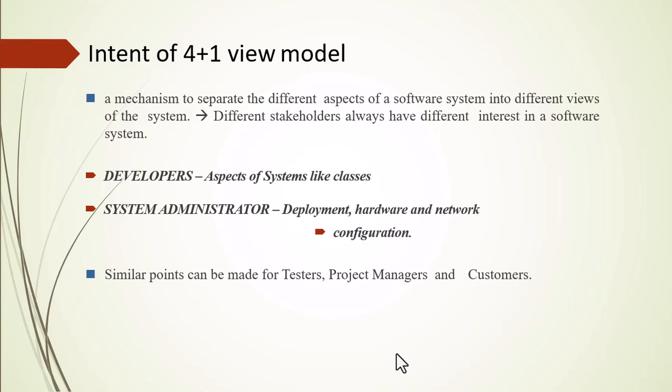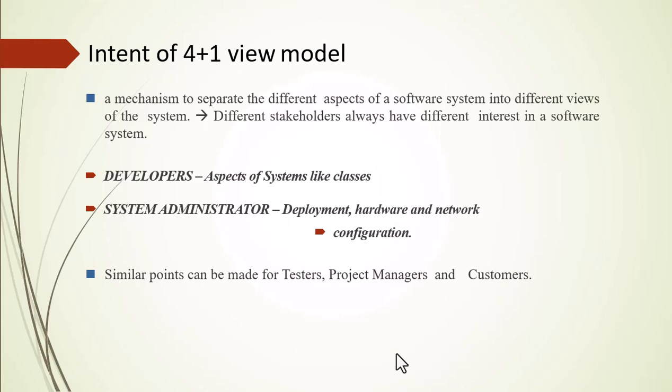Now, the intent of the 4+1 view. Why we use the 4+1 view model, and what is the 4+1 view model? It will be discussed here. It is a mechanism to separate different aspects of software engineering into different views. When we view the system, we view it from different perspectives, and different types of stakeholders are related to this system.